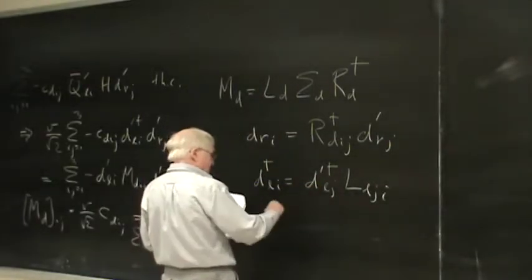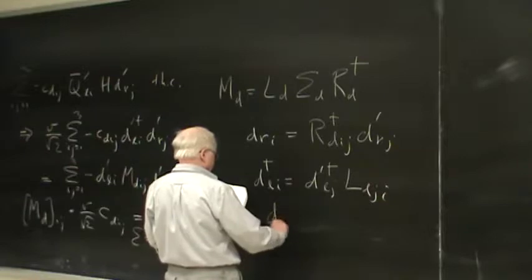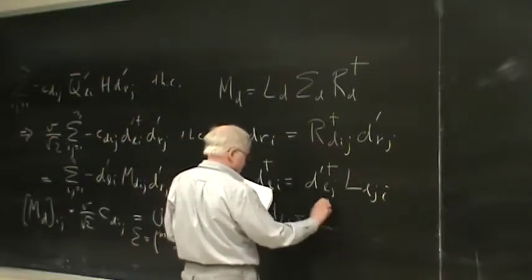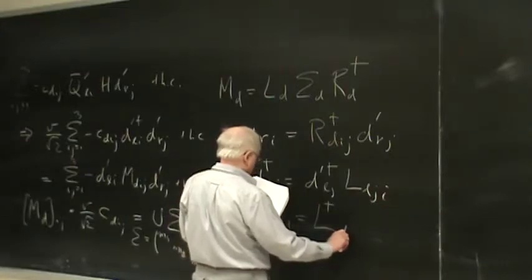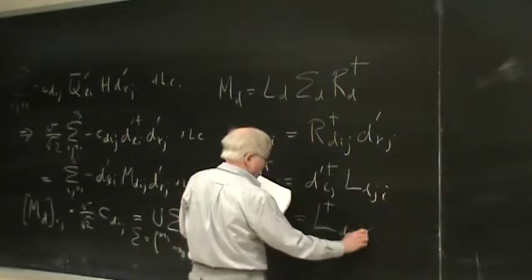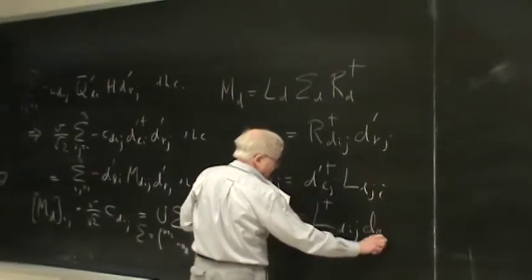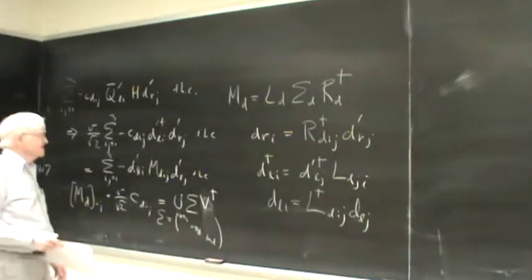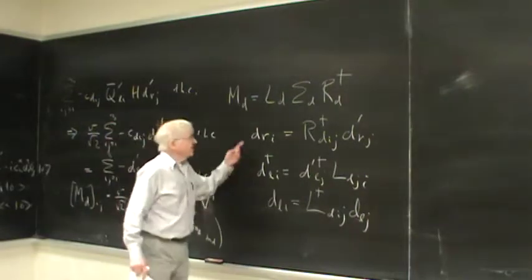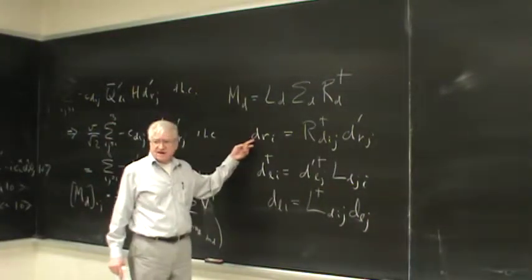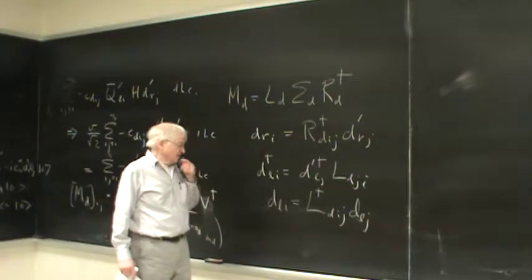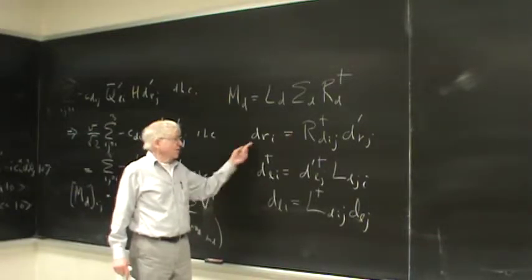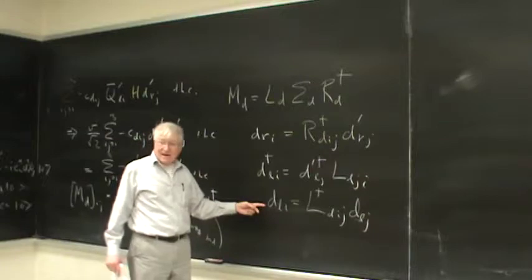And so if we adjoint that thing, we get that the left-handed mass eigenstate field is L dagger sub D ij D left j. Okay, so these are the left and right fields that are mass eigenstates, and they, of course, correspond to the same mass.